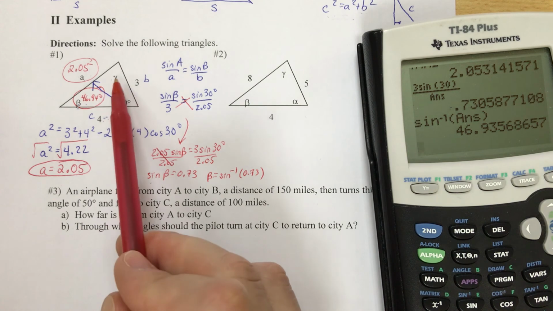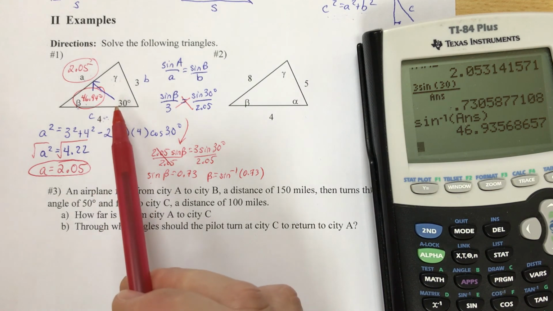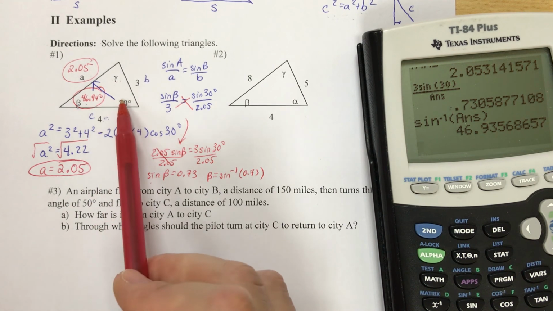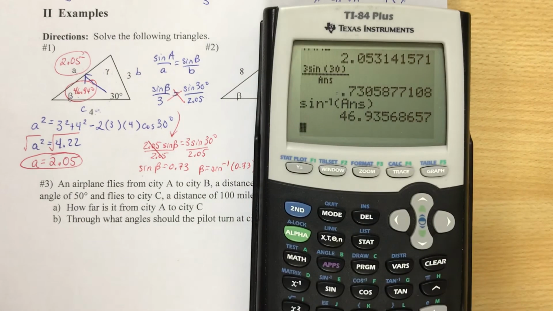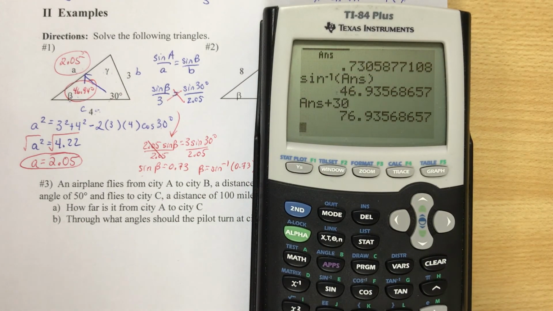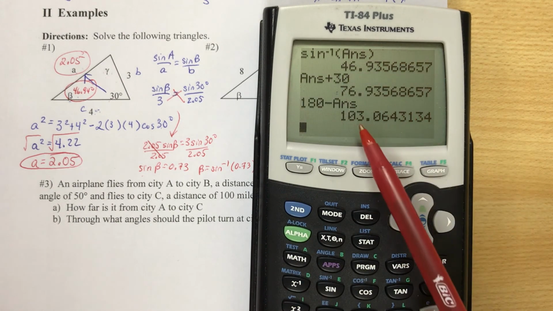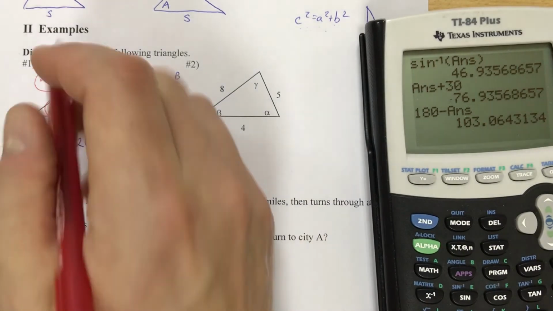Now, we're not done. We need to find the third angle, which is gamma. Now, you could use the law of cosines, you could use the law of sines, but we want to make life as easy as possible. If we already know two angles, we always know three angles add up to 180 in a triangle. So if I take my answer and I add 30, and then I subtract that from 180, we get 103.06 degrees.